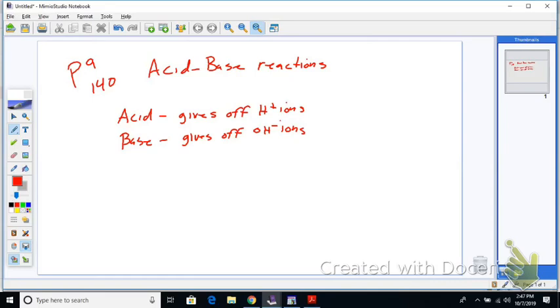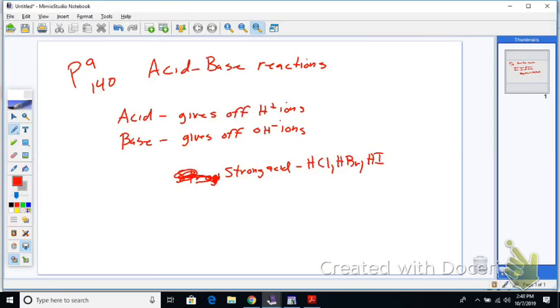If you remember, we had different types of acids. You don't have to rewrite this, but if you want to, you can. We have these things called strong acids, and the strong acids you have to memorize. They are HCl, HBr, and HI. On the periodic table, it's not fluorine.